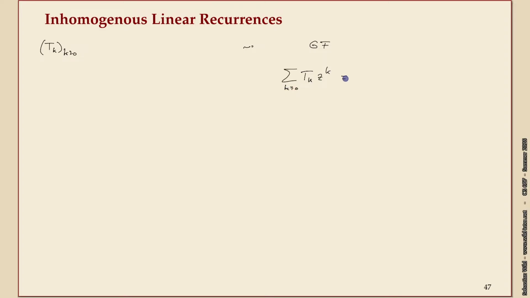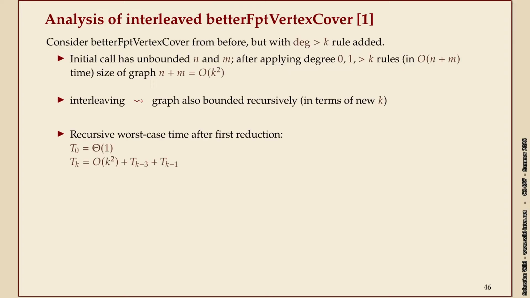I'm taking out the first few, the base cases. I just leave as a fixed polynomial. This was 1 plus z squared in our case. And then for the remainder of the sum, I can insert the recursive equation. Maybe let's do it for the concrete example that we have here.